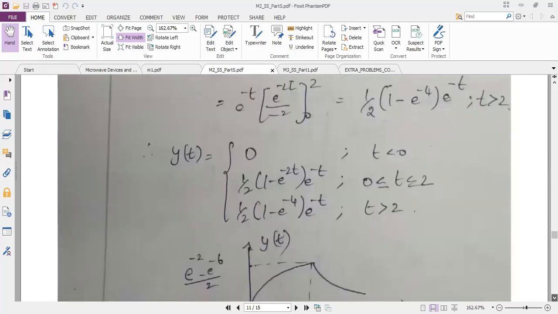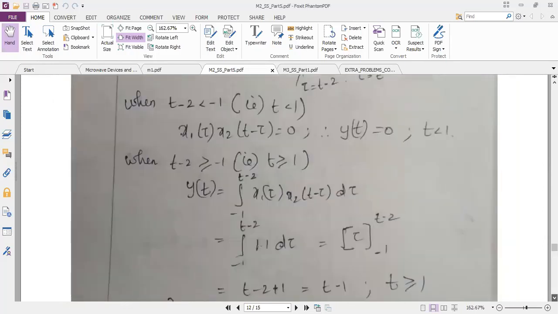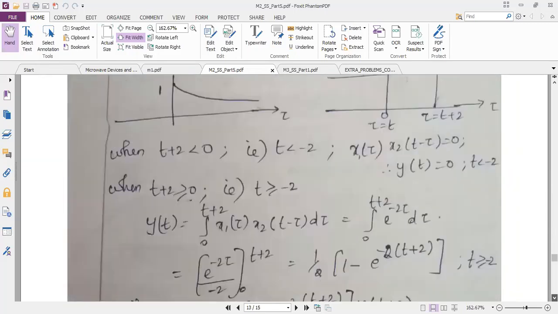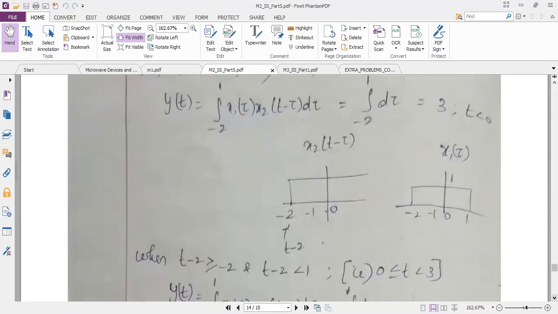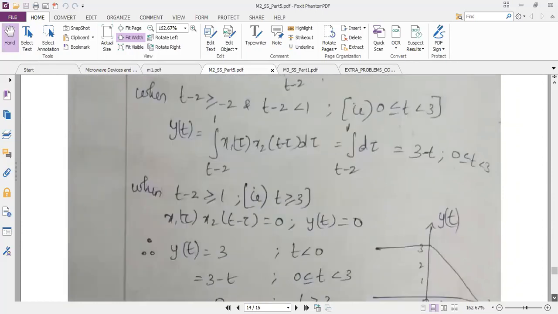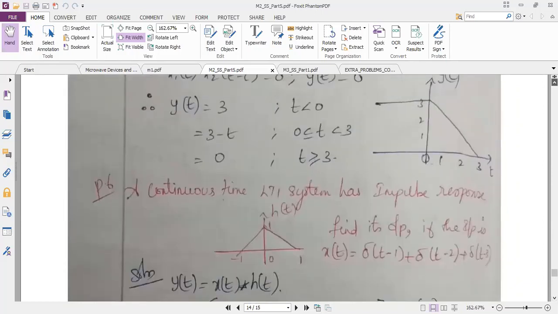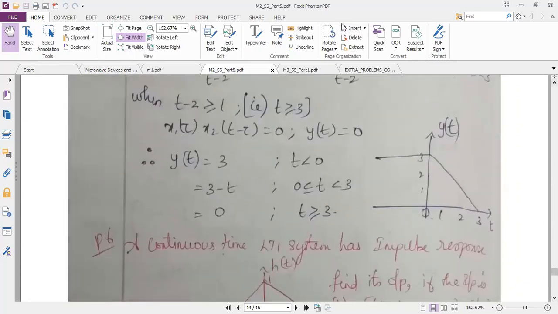One problem is left as per my notes. Some corrections we have to do in this problem. As per my concept, I won't get y of t equal to 3. For problem number 5, I want all of you to solve it by yourself.